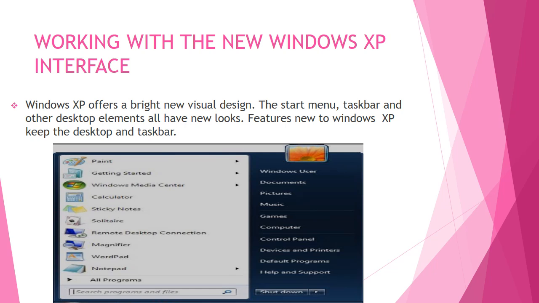The screen that we visualize on XP has different templates and designs that you'll be able to see on the screen. The start menu, taskbar, and other desktop elements all have new looks in Windows XP.